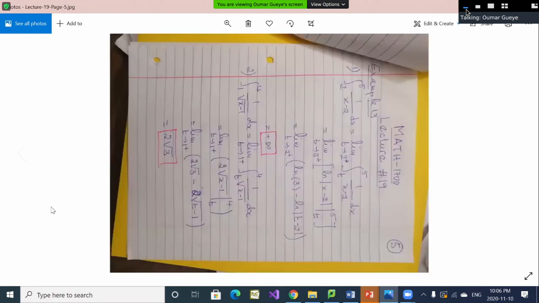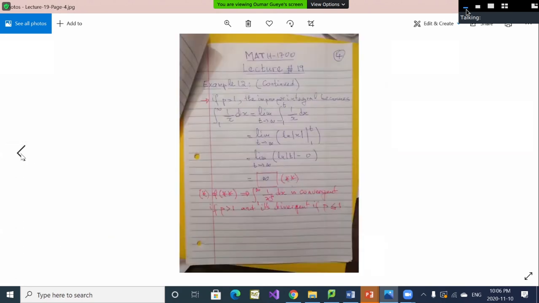And that's exactly what we have here. So if p is equal to 1, our improper integral becomes only 1 over x, because p is 1. And then we apply again the same technique to calculate the integral.